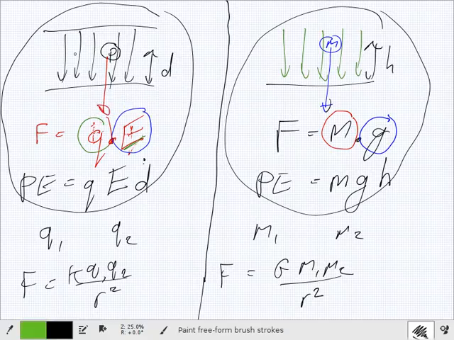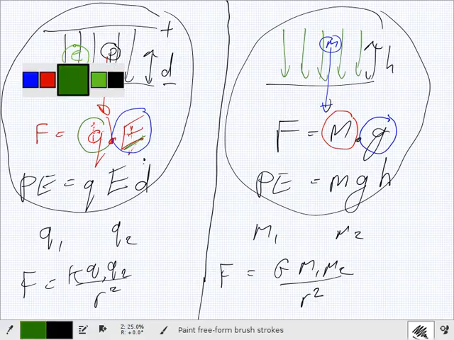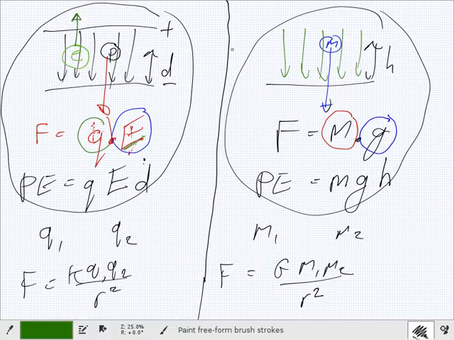What happens if I put an electron here? Will it move up or down? And let me help you out here. This is positive and this is negative. So which way will the electron move? It'll move up. Can you put a mass here that will fall up?